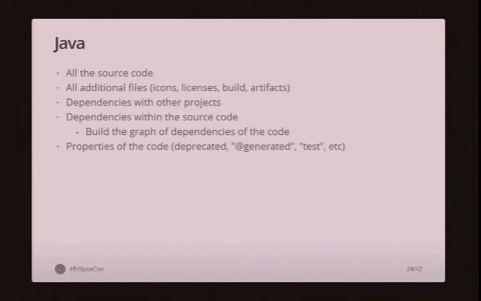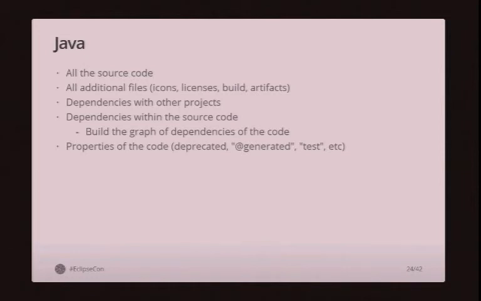It will build a dependency graph of your project and the other Eclipse projects in your workspace. And it will also use the JDT to build a graph of all the dependencies within your source code using import declarations and things like that.